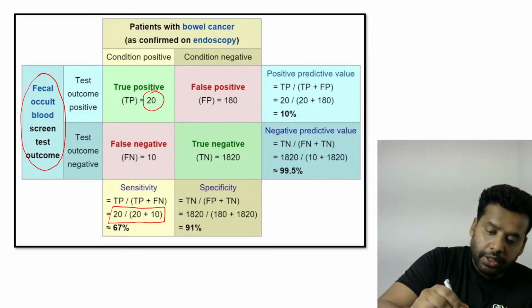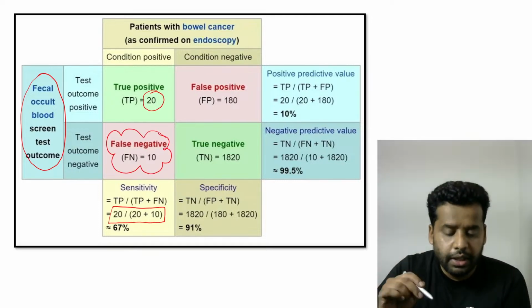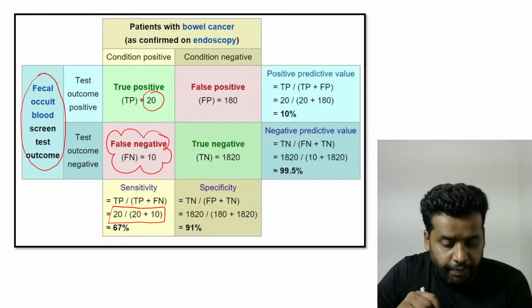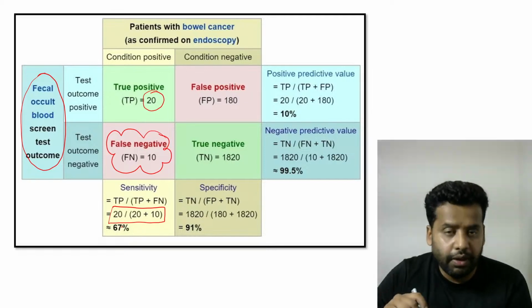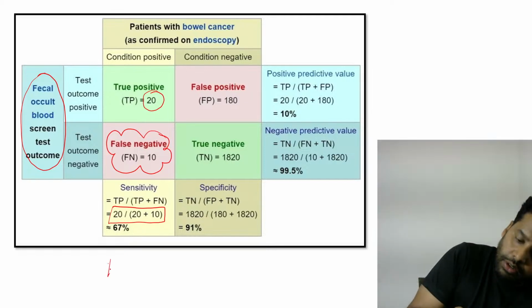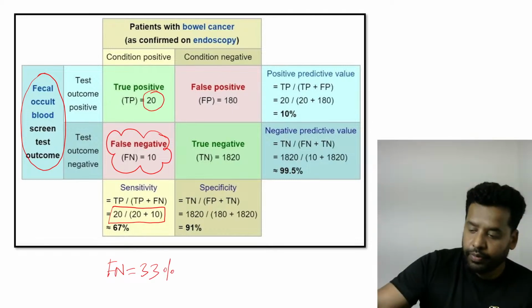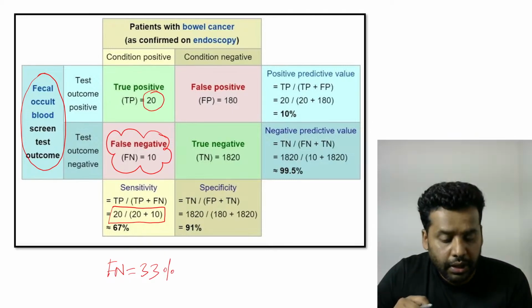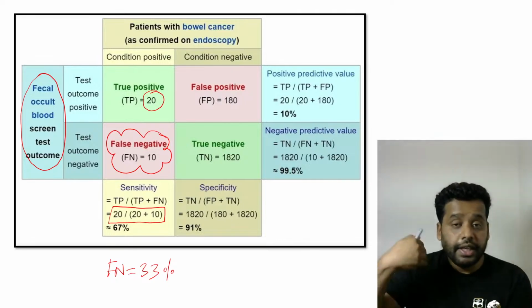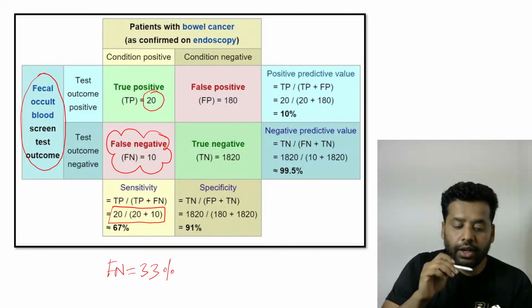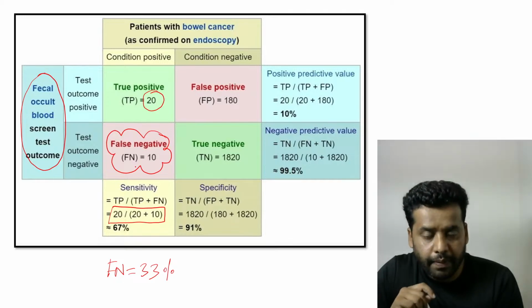If this much is detected, the remaining percentage will not be detected. Not able to detect, that is false negatives. If sensitivity is 67%, false negatives will be the remaining 33%. They'll mention this question. If sensitivity increases to 80, false negatives will become 20%.